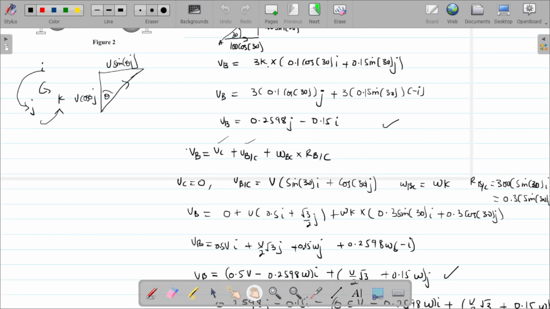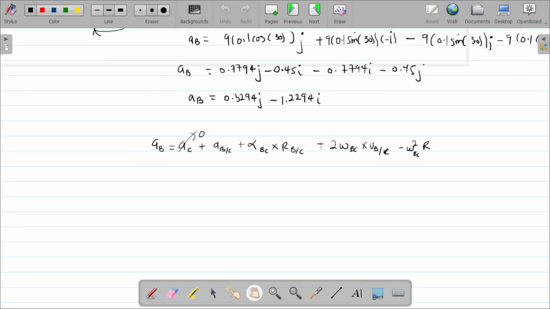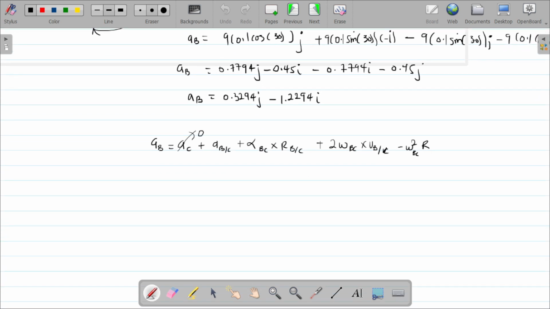So acceleration of B with respect to C will be equal to a magnitude a and then sine 30 i plus cos 30 j.